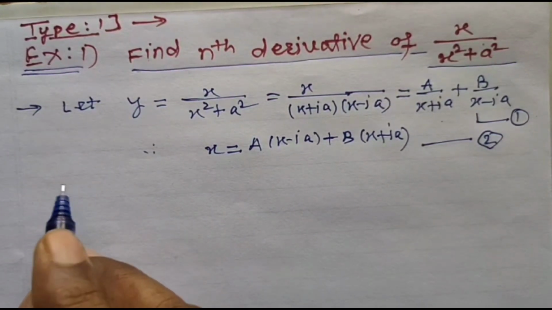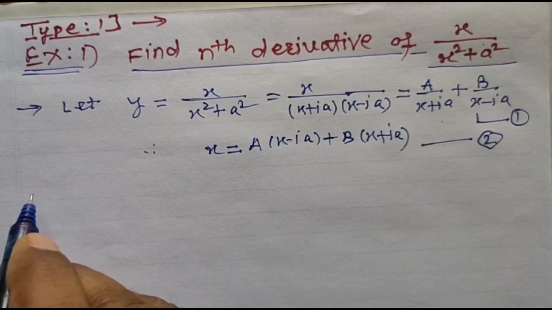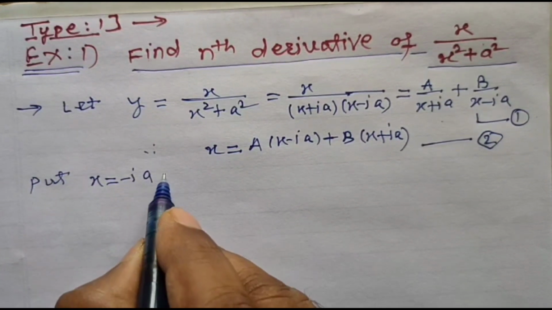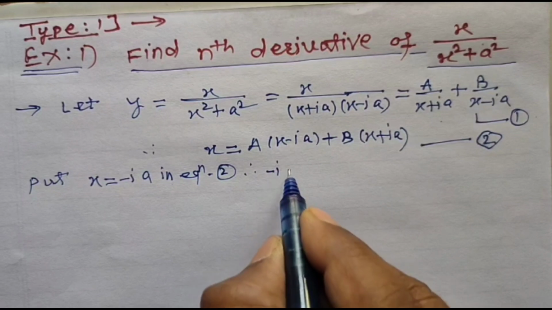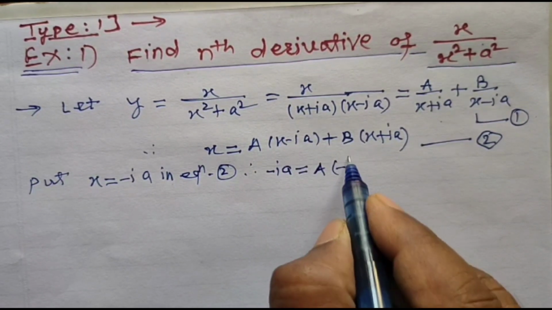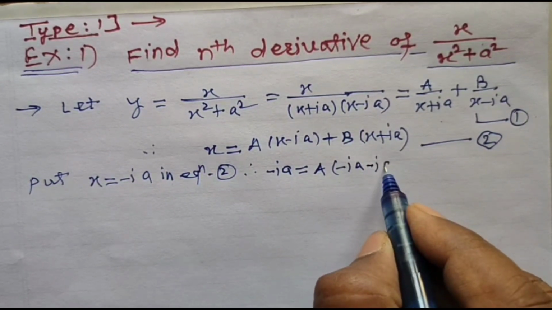Now to find the value of the arbitrary constant A, put x is equal to minus ia in equation 2. This gives minus ia is equal to A into minus ia minus ia.